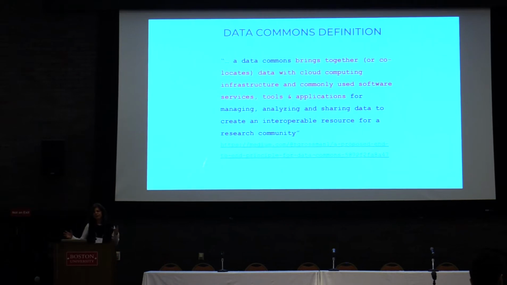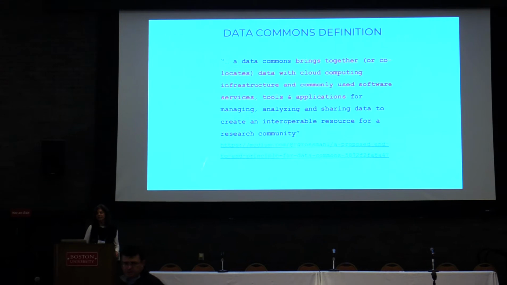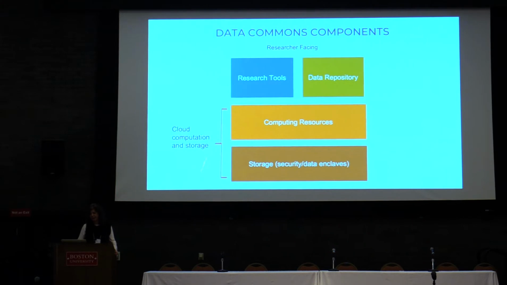This sounds very similar to all the things we're talking about when we're thinking of the open cloud, the services that can be provided within it, the data that needs to be available in the cloud, and all the resources that can be scaled. But what are the differences when we're talking about a data commons?